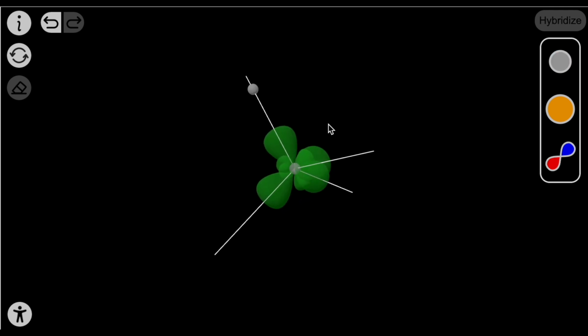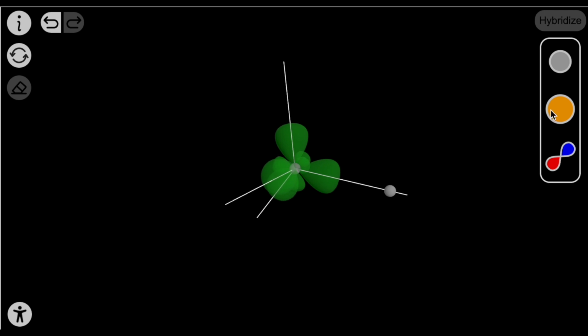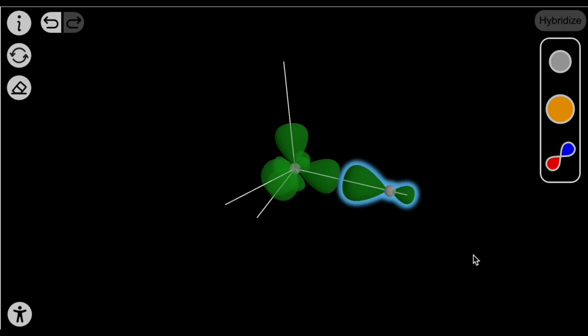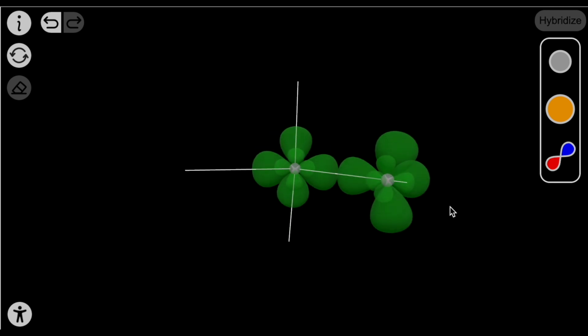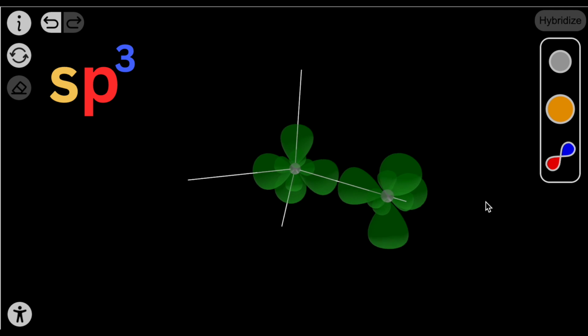I'm going to add a second atomic nuclei because this time I want to bond. So I'm going to again add an s orbital to it and 3 p orbitals. I'm going to hybridize those. So now I have 2 atoms, could be of carbon here, that are both sp3 hybridized.